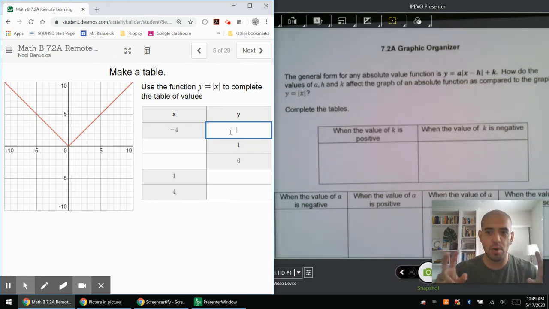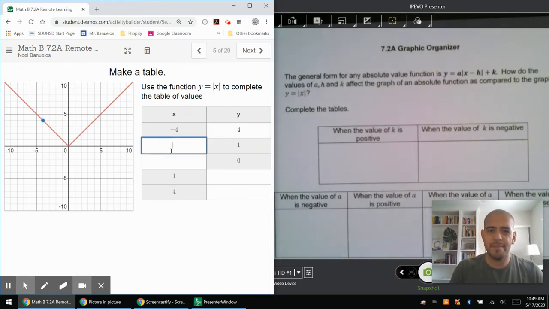That's the most mathematical definition of absolute value. Some people might just say your answer is always positive, which is true, but really they're talking about how far your number is from 0. So how far is -4 from 0? Just 4. So the absolute value of -4 is 4.